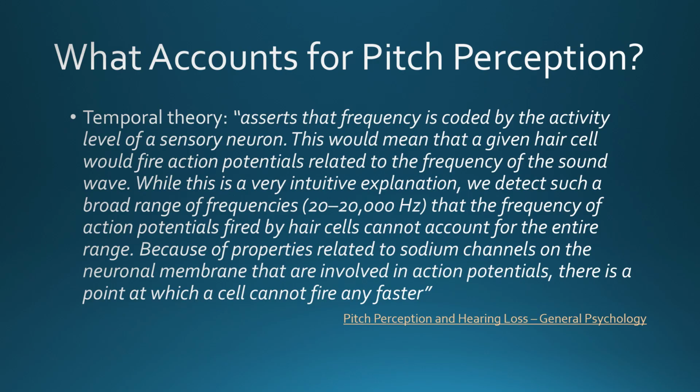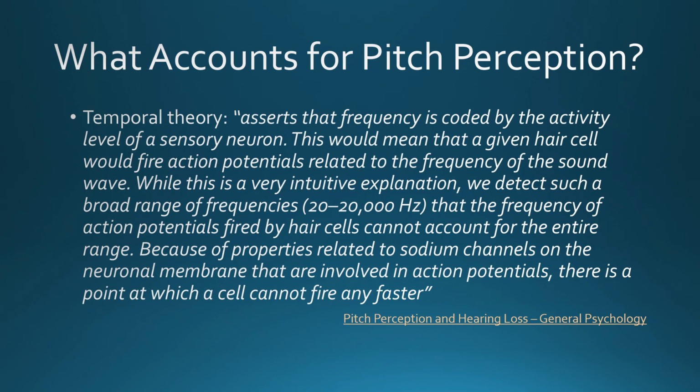What accounts for pitch perception? Temporal theory is one assertion of that, and it asserts that frequency is coded by the activity level of a sensory neuron. This would mean that a given hair cell would fire action potentials related to the frequency of the sound wave. This is a very intuitive explanation.